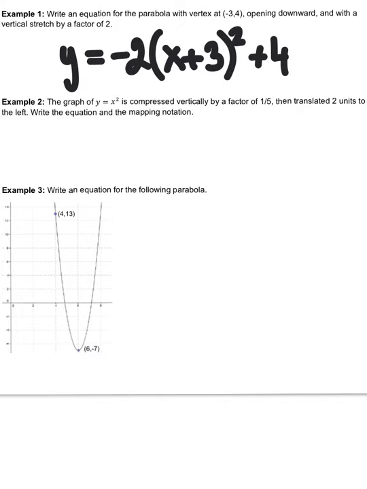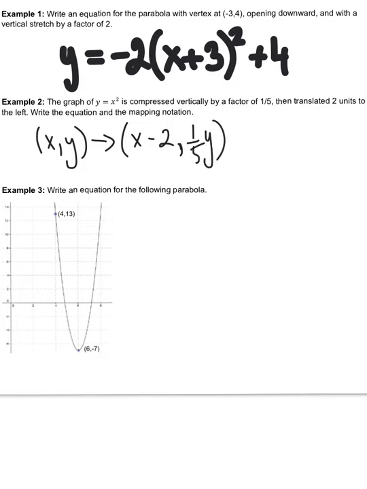So our mapping notation is going to be, our vertical compression is affecting the y, but we have 2 units translated to the left. So that's going to give us x minus 2. Remember, this is the mapping formula, not the equation. And we said it's going to be compressed by a 1/5. And so that's our mapping formula.